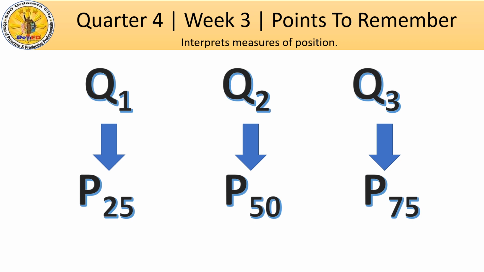In percentile 25, or the 25th percentile, 25% of the total scores are less than or equal to percentile 25. The same goes for quartile 2, equivalent to the 50th percentile, and quartile 3 is equivalent to the 75th percentile, or P75.